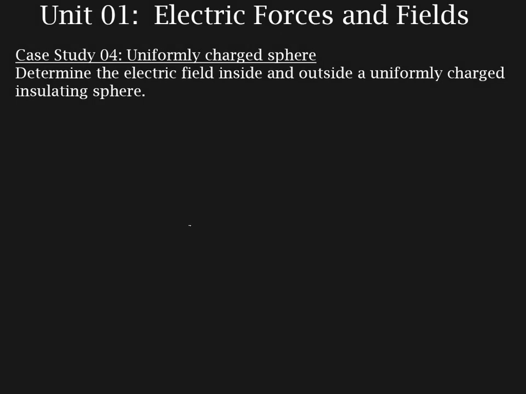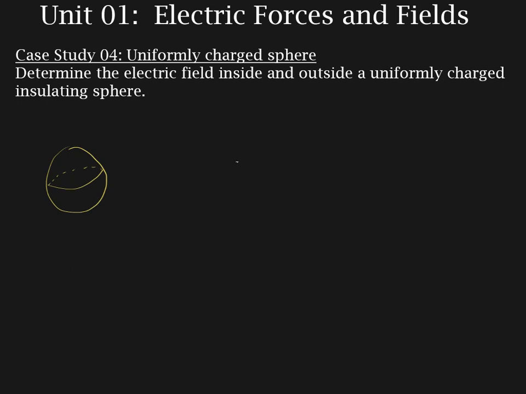Okay, so in this example, we're going to be taking a look at the electric field inside and outside a uniformly charged sphere. The sphere is an insulator, and that's important because uniformly charged means the charges themselves are distributed throughout the volume of the sphere.